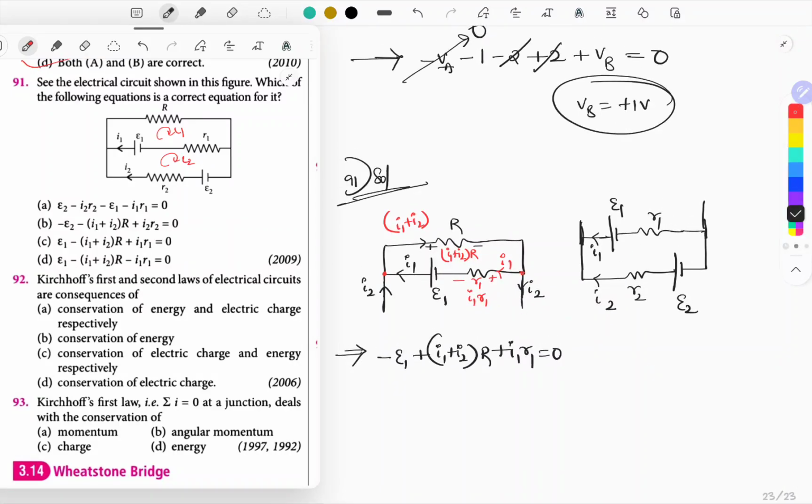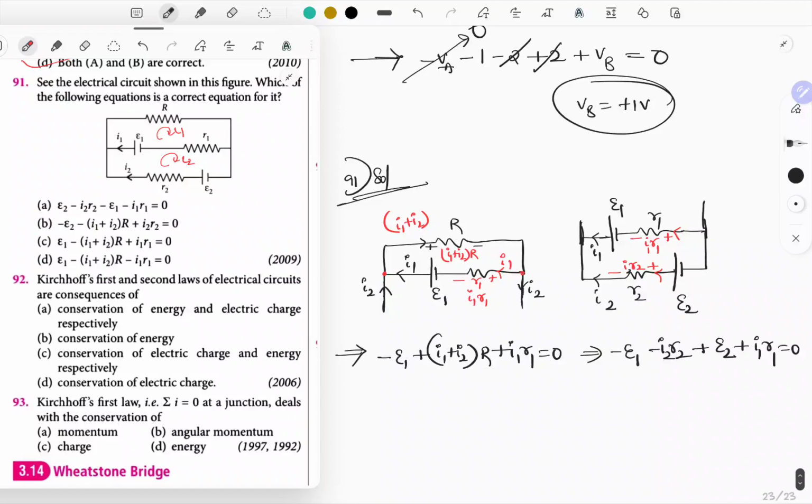Let's try for an equation in loop 2. So current is entering here, plus minus voltage is I1 R1. Here it is current entering, plus minus I2 R2. You can start from anywhere as I told earlier. KVL is minus E1, I'm starting from there. Minus E1 minus I2 R2 plus E2 plus I1 R1 is equal to 0.